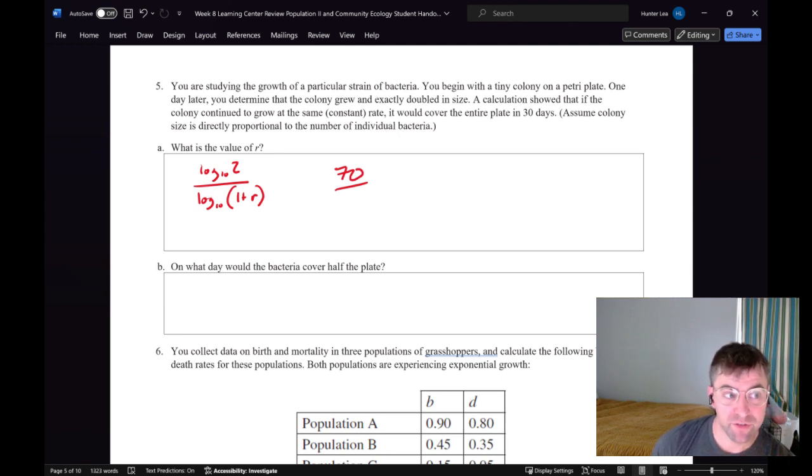If it doubled in size, it grew by 100%, right? Does that work?